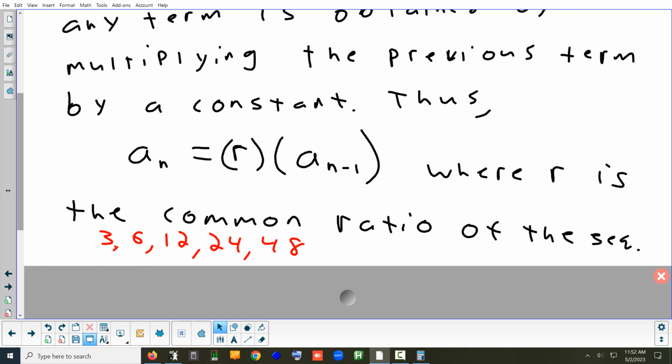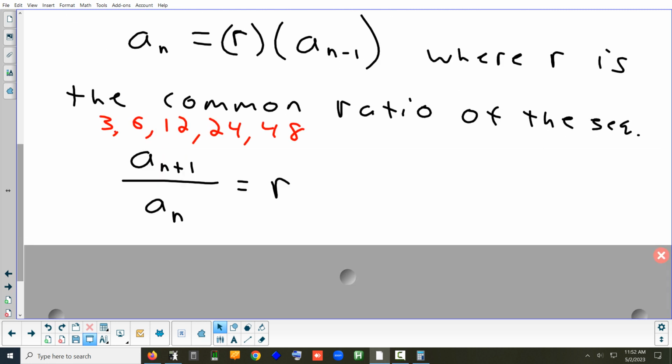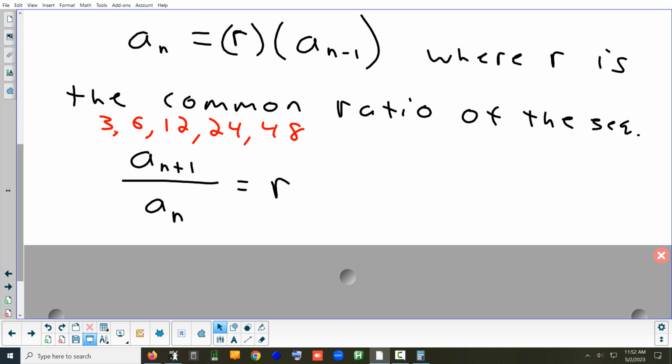To find the common ratio, take any term you want and divide by the one that comes before it. And what do you always get in this case? 2. So the common ratio is any term divided by the one that comes before it. There are different ways you can write it.